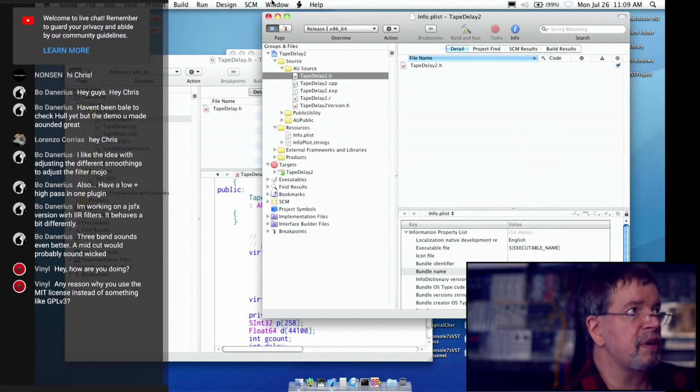So if somebody decided they wanted to do all of my plugins but with GUIs, and we're going to do it all in Juice or whatever, and then they were going to charge money for it, they would be able to do that.